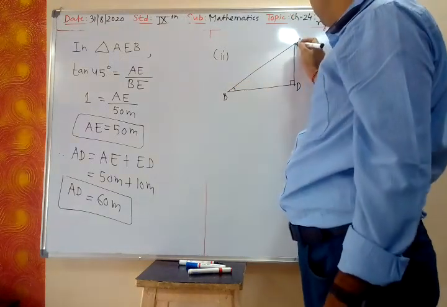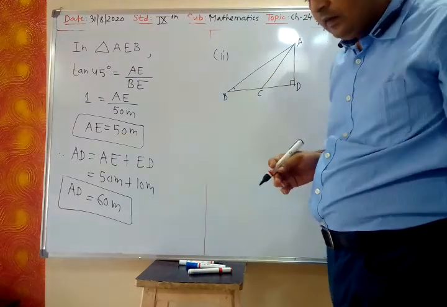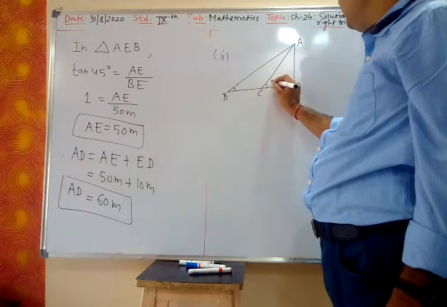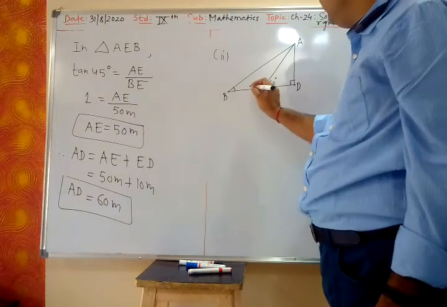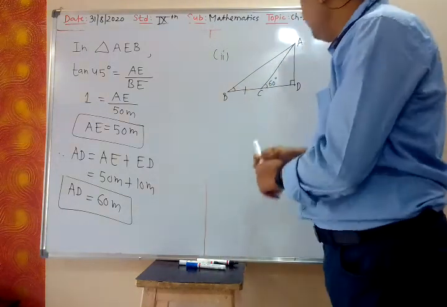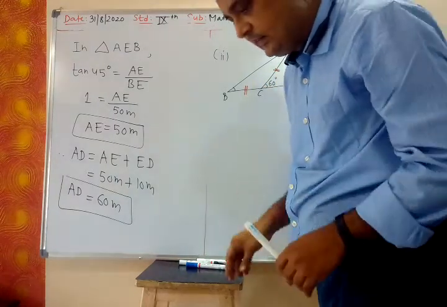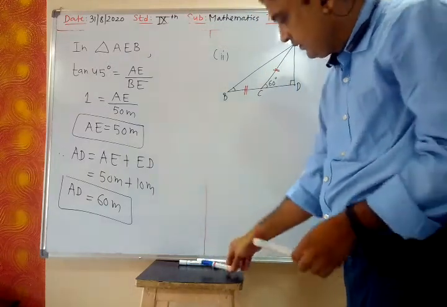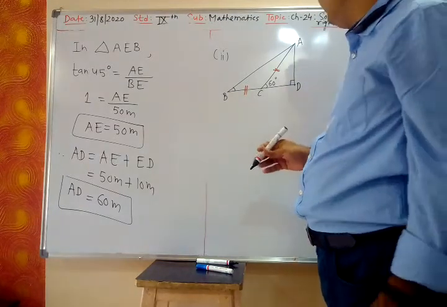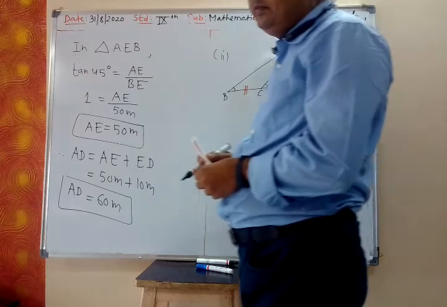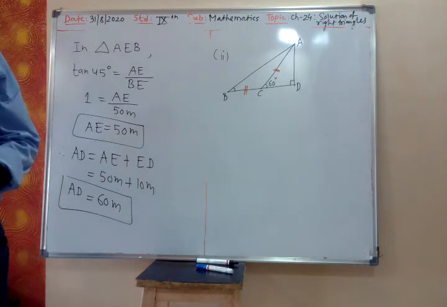Then we have C, then angle C is given 60 degrees. Then these two sides are given equal, this side and this side are equal. Find the value of AD.